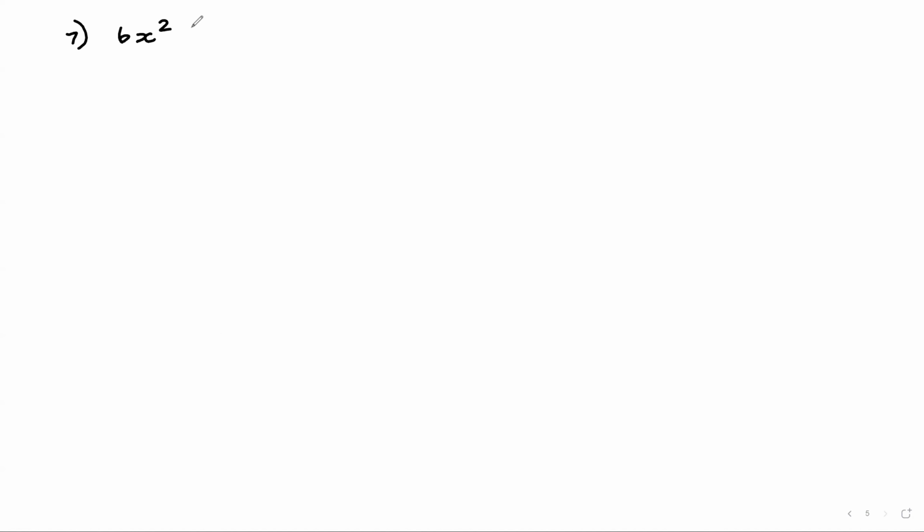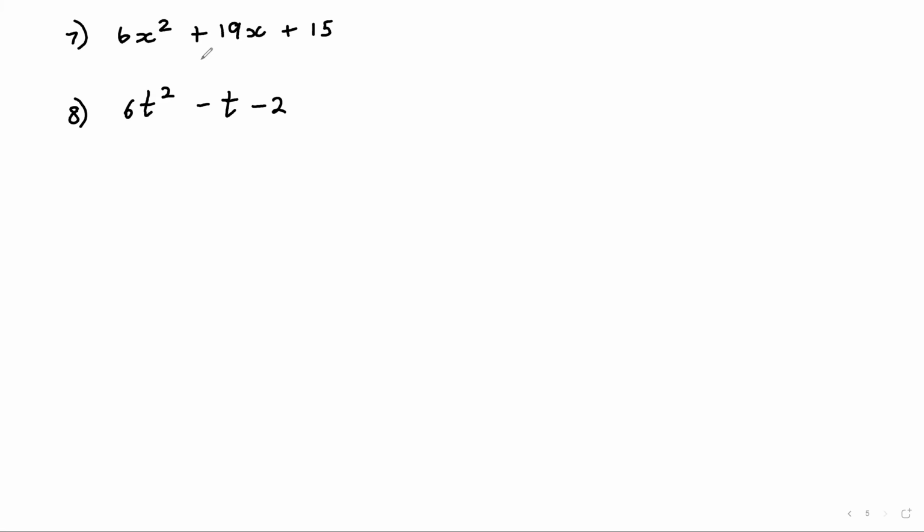Six x squared plus 19x plus 15. 6t squared minus t minus 2. Now, even though it's t, the rules still apply, right?